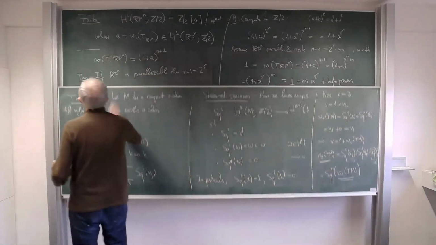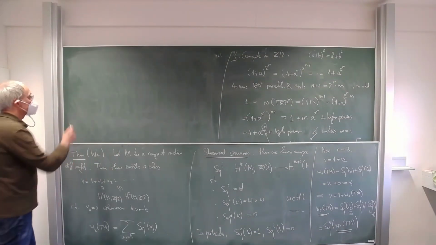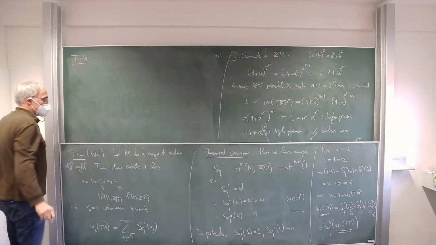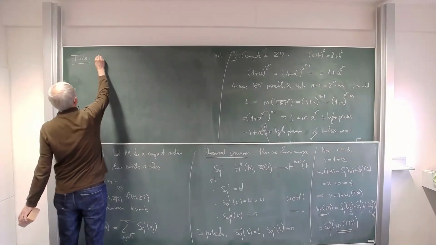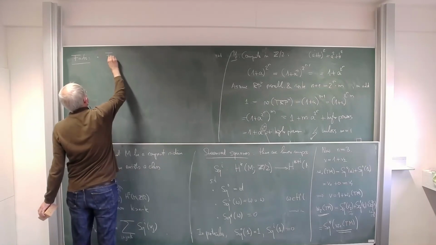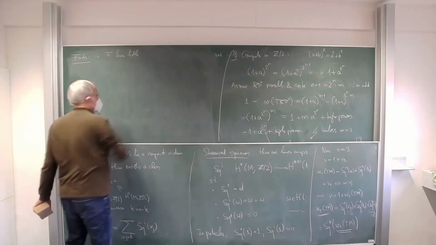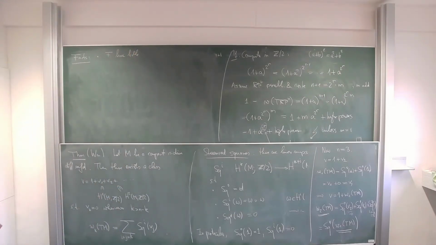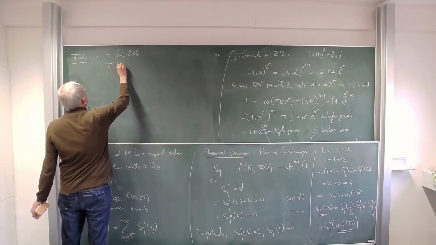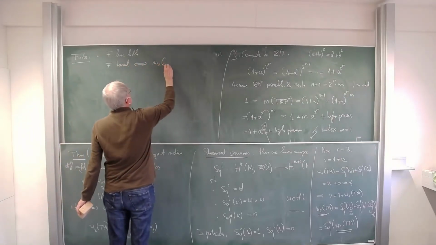Now, so now there are some facts about Stiefel-Whitney classes which we want to know, namely, if F is a line bundle, so rank 1, then in fact F is trivial if and only if its first Stiefel-Whitney class vanishes.